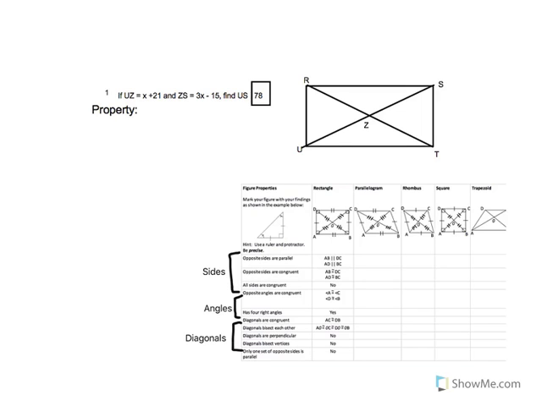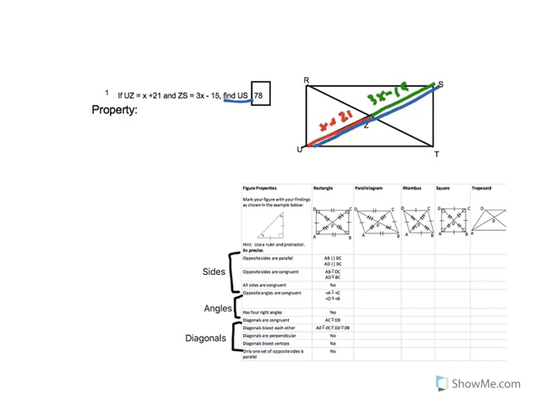So the problem says UZ here is x plus 21, okay, and ZS here is 3x minus 15. Okay, so I put my information into the figure. What I want to ultimately find is US, which is this whole line here.